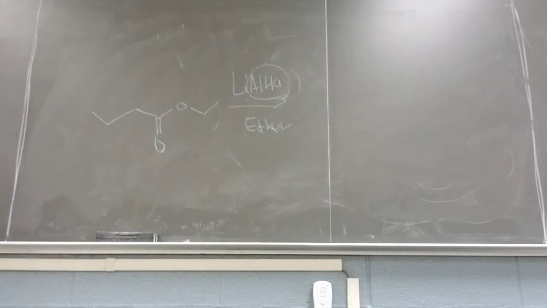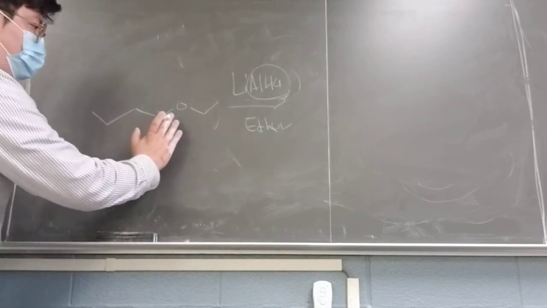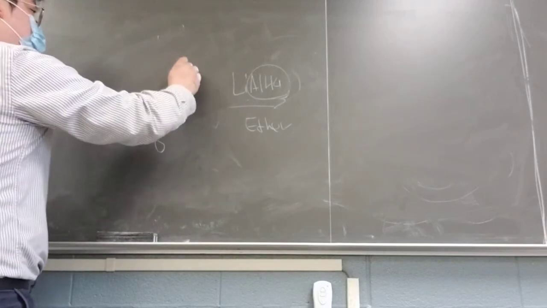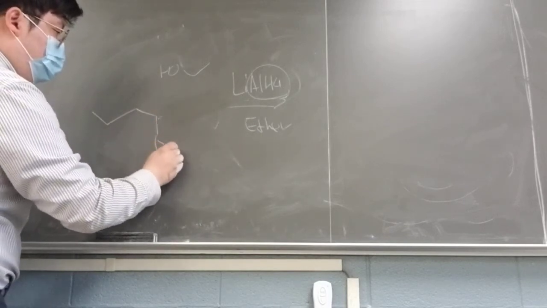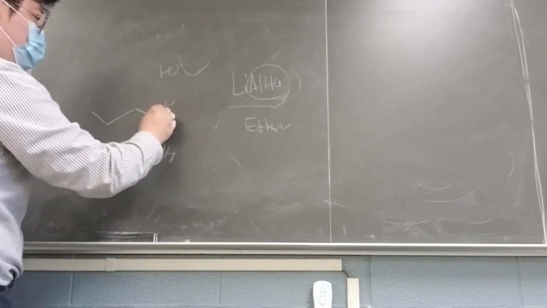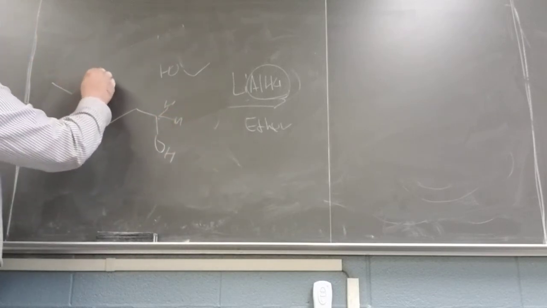Okay, about 20 seconds, we'll do this together. Okay, so basically this will leave, right, and be protonated, so it's ethanol, and this will become protonated. I'm just going to write it in a more general way.